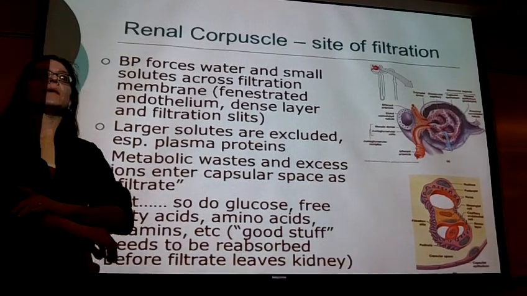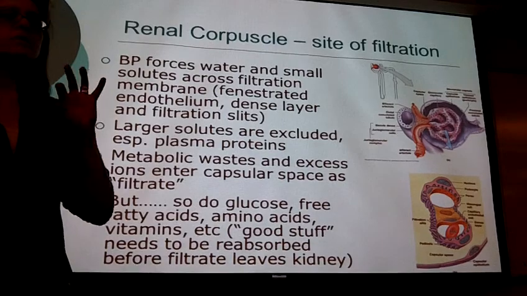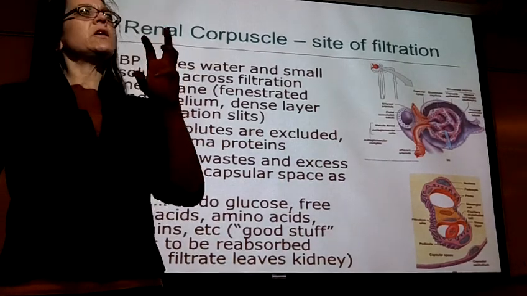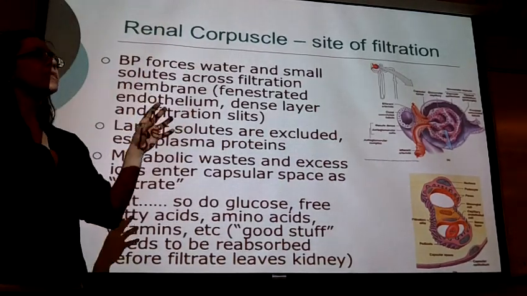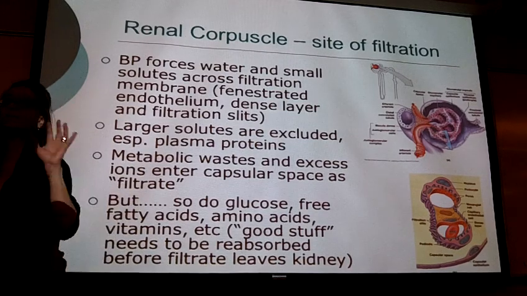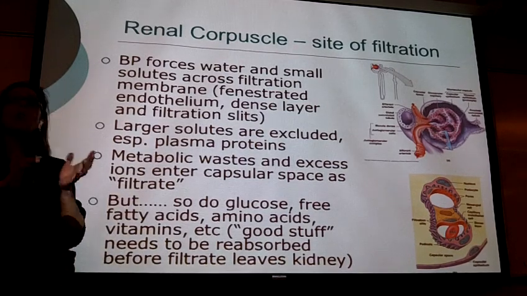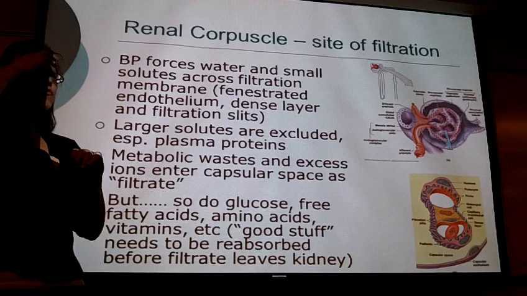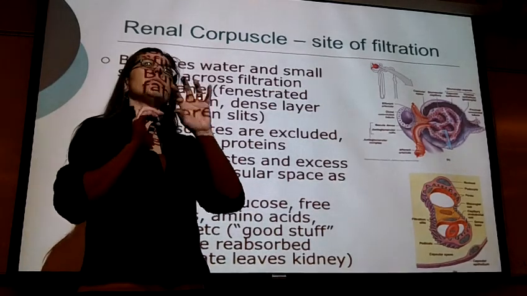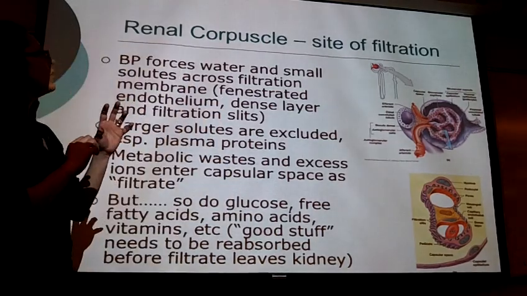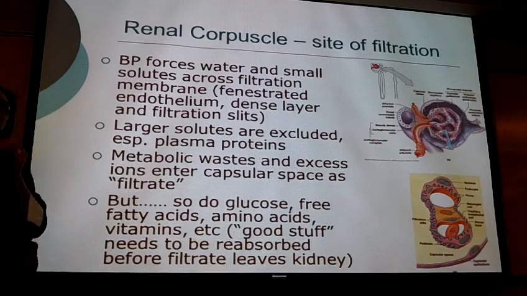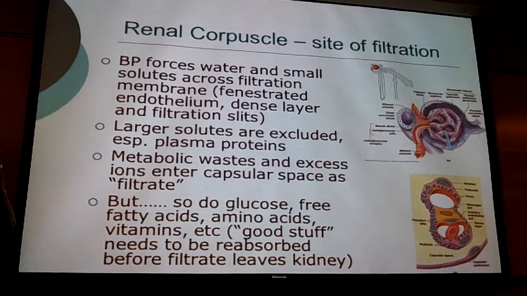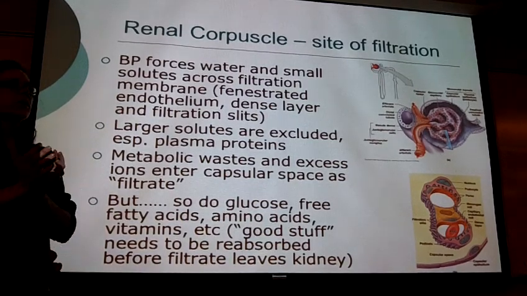We're going to see that in the glomerulus, blood pressure is particularly high, higher than it is in other capillaries throughout the body. And we'll talk about why that is the case. But the fact that the pressure is high in the glomerulus is going to help to force material out of the blood and then form this filtrate.